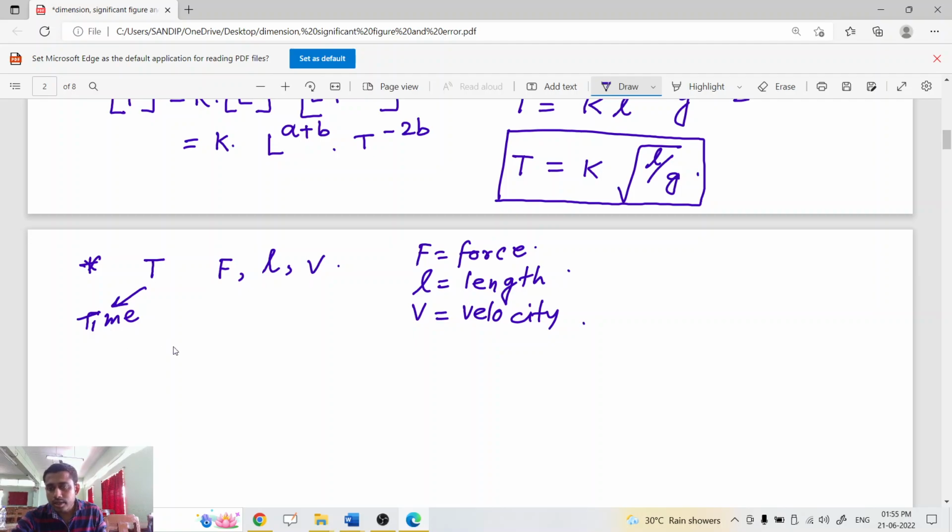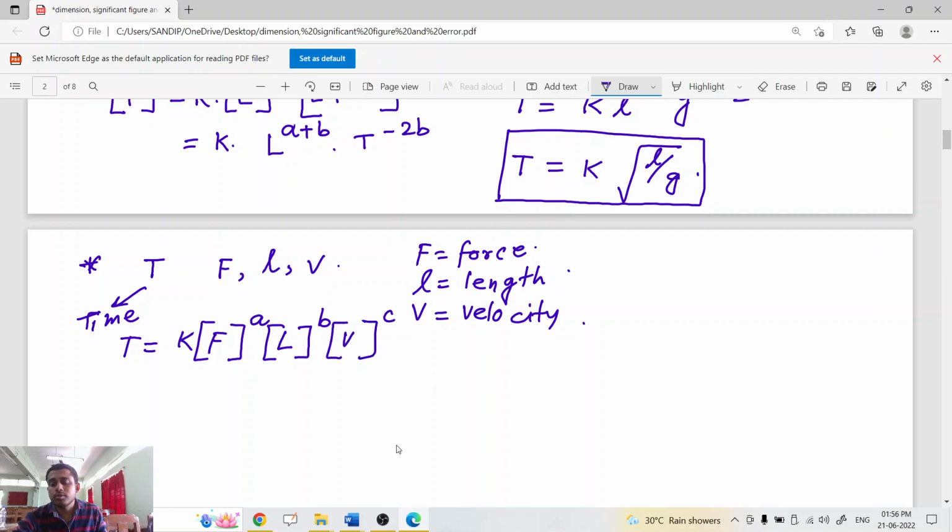Similarly we write T is equal to k F to the power a, and l to the power b, and v to the power c.